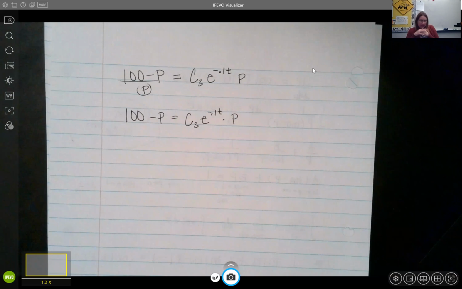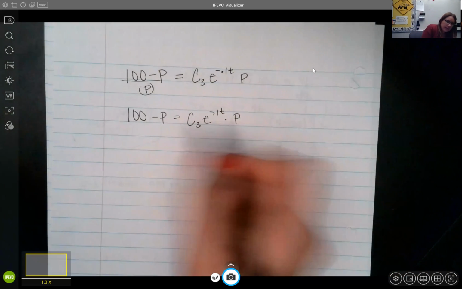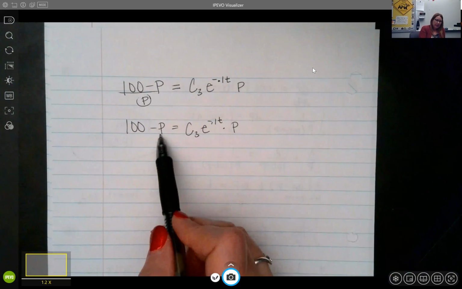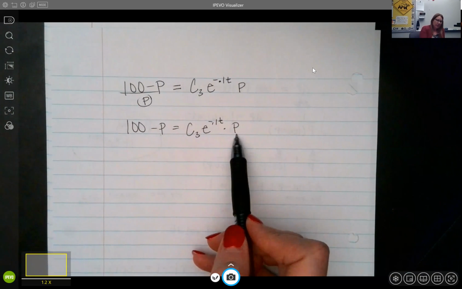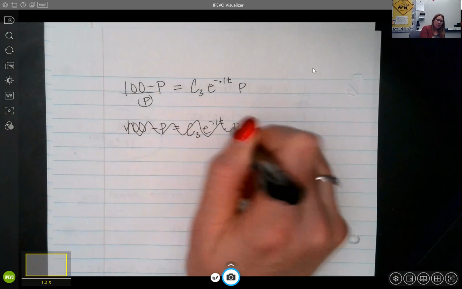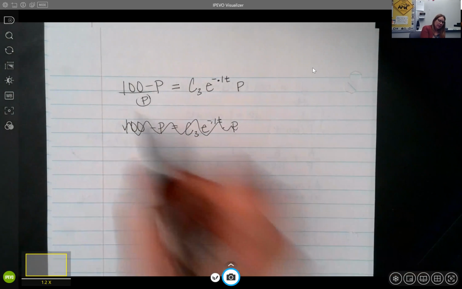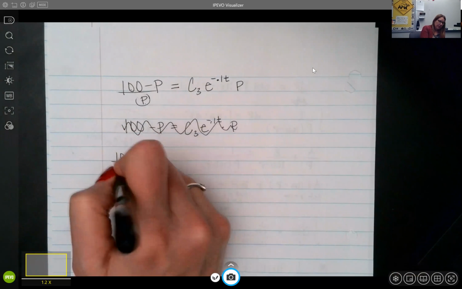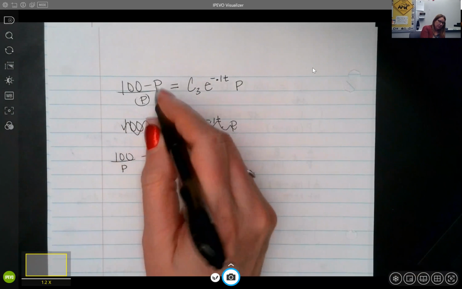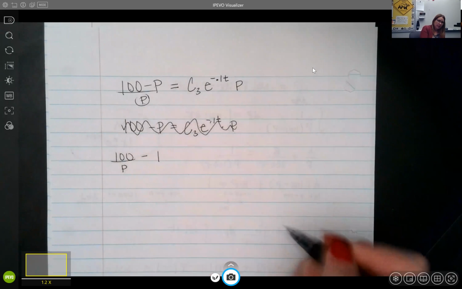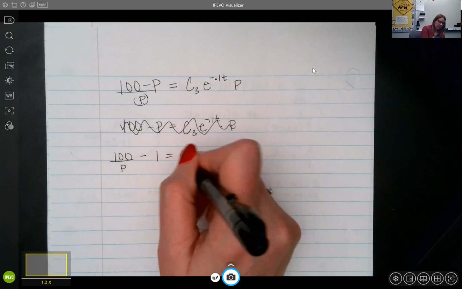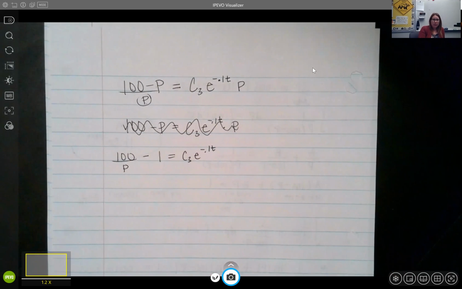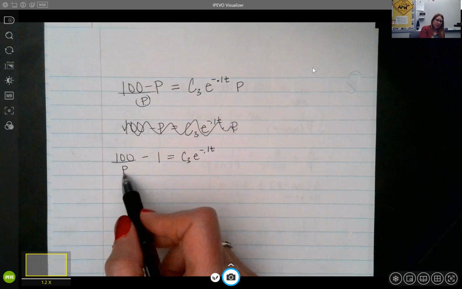Because I can't get these p's together like this, so this isn't going to work. So instead, why don't we try to separate these? So I get 100 over p minus p over p, which is 1. And that makes more sense because we want to have that p by itself.